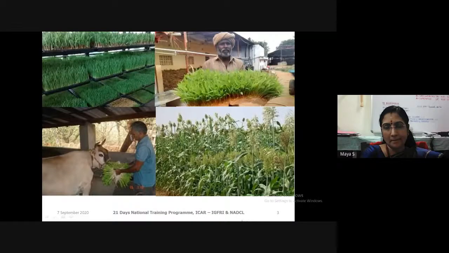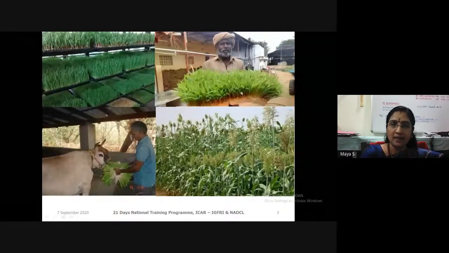It is said that a picture replaces 100 words and a video replaces 1 lakh words. So here you can see some pictures related to various phases of fodder production. It is very true that every activity may be represented as pleasant and unpleasant pictures.